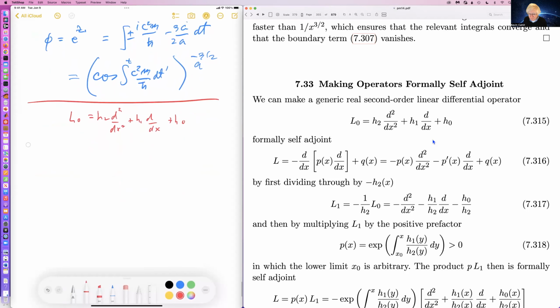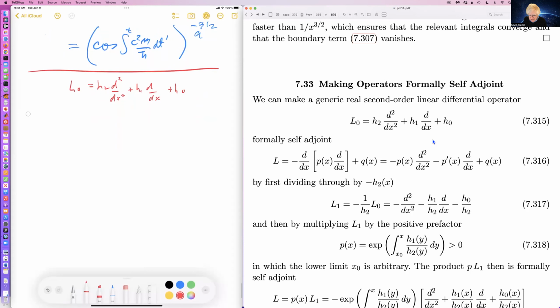And what we do is we first say that L1 is just equal to minus 1 over H2 times L0. And so once we've done that, what we have is minus d2 dx squared minus H1 over H2 d dx minus H0 over H2.